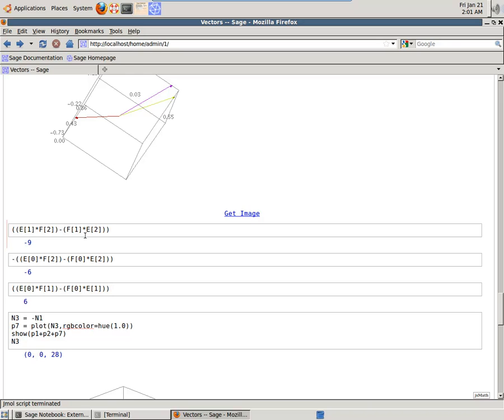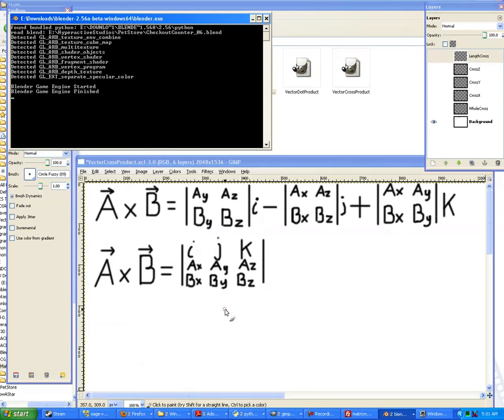And then we subtract the two from each other, and we get negative 9. And that's just like our algorithm right here. So here you go. See? EY with FZ, and then EZ with FY multiplied across.